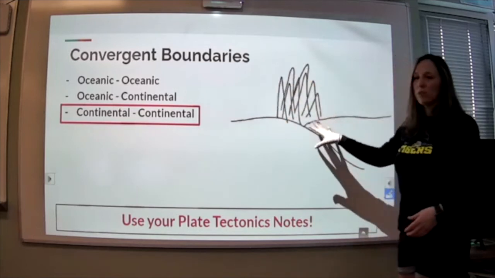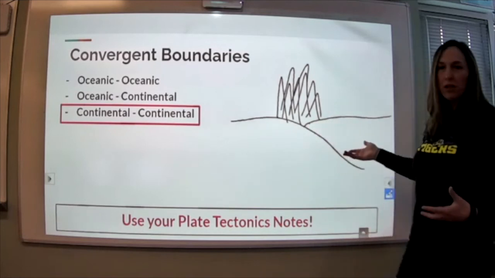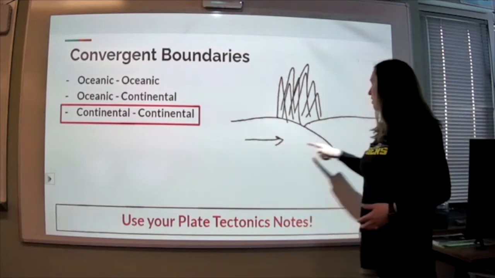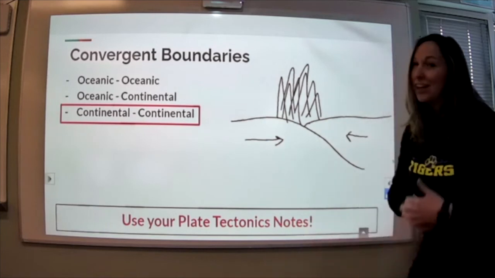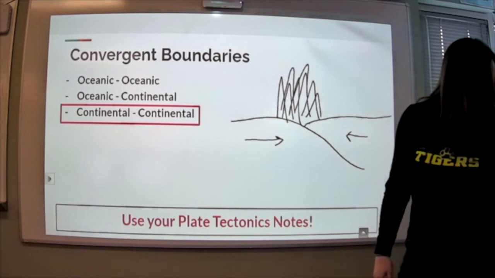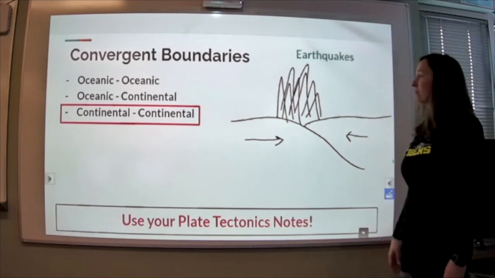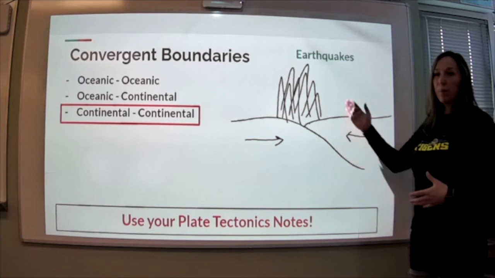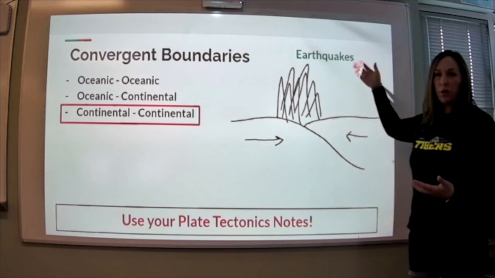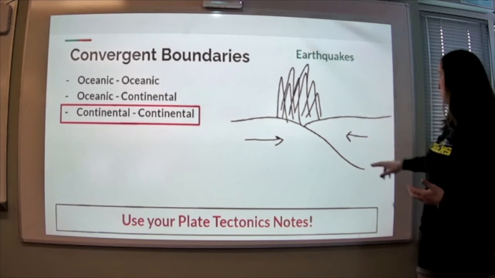So mountains, inland mountains, are our landform here because we have continental crust going into continental crust. And of course, what we get at every single boundary, earthquakes, 100%. So at continental convergent boundaries, we get mountains, that's our landform, and earthquakes, that's our event.